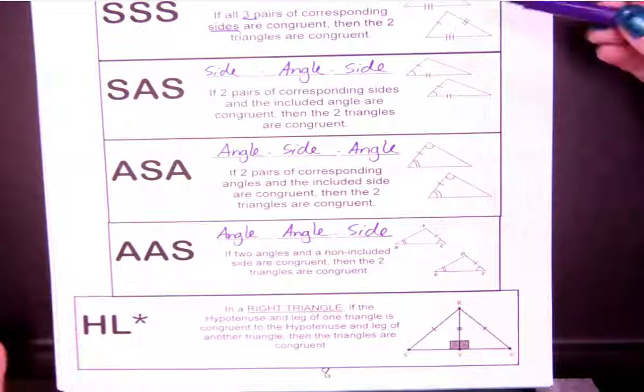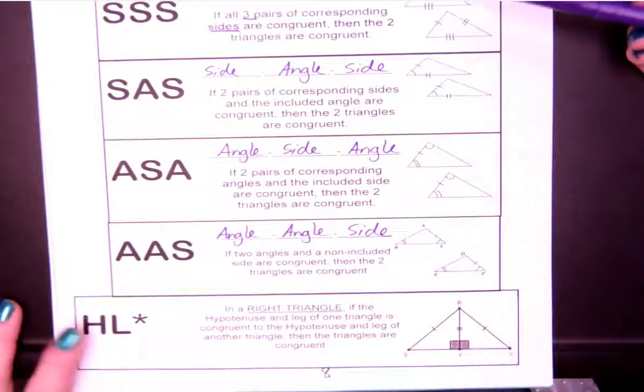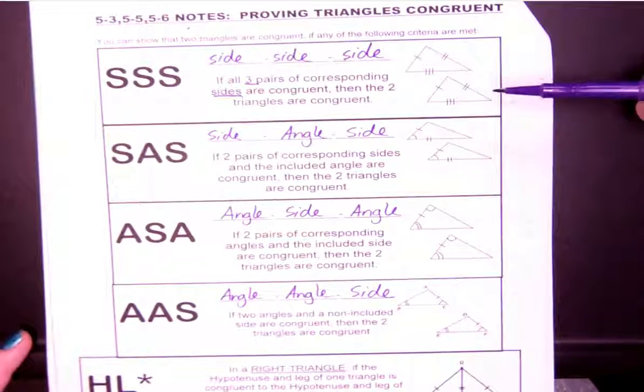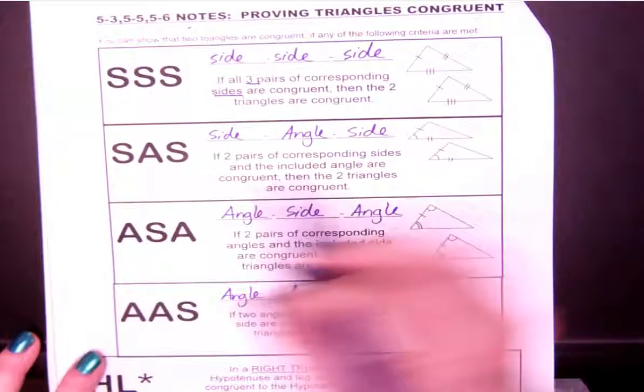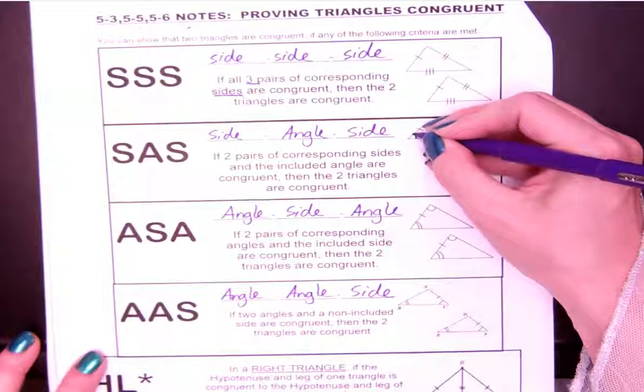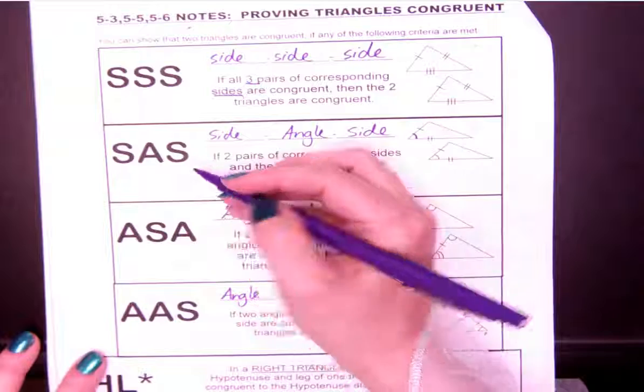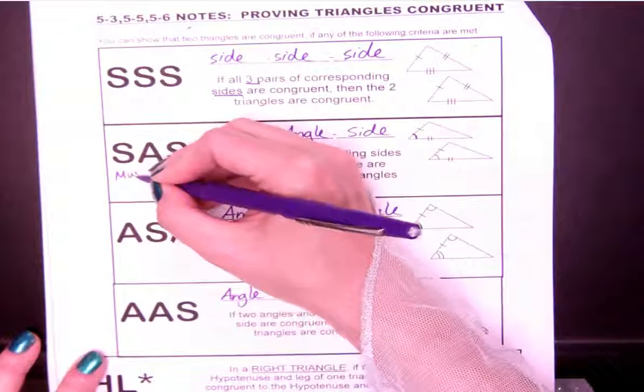Okay, one thing I want to point out is they must be in this order. So if side, side, side doesn't matter, you know, all three sides are congruent. But when we have side, angle, side, the angle has to be in between there. It can't be ASS, it can't be SSA, it has to be SAS. Okay, so just make sure you know that.